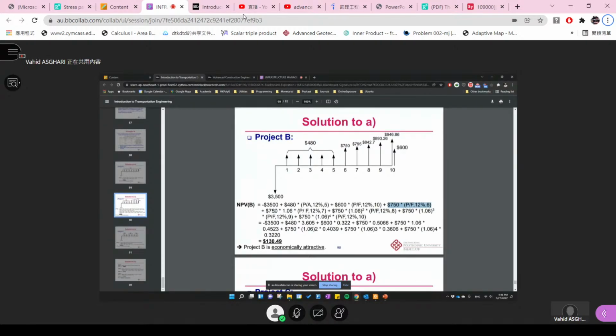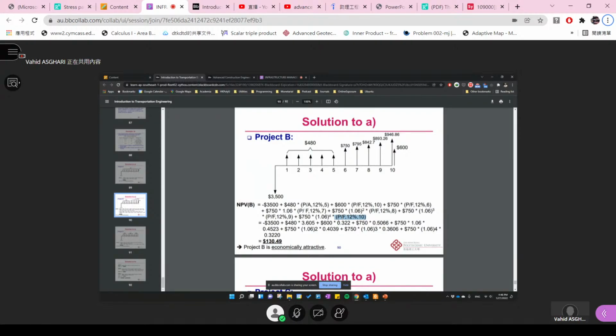For the 7th year, it will be 750 times 1.06. This is the growth rate. Again, the present from future value term. And for the 10th year, this one here is 750 times 1.06 to the power 4. And again, we have the similar term, but for 10 years.